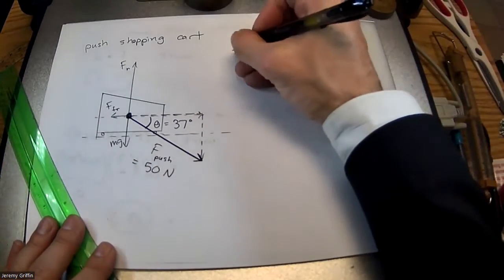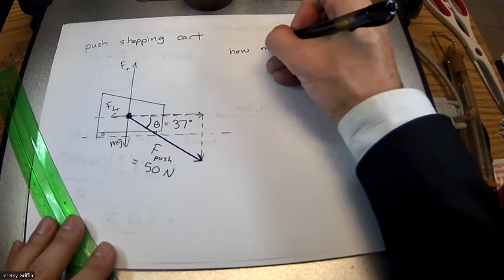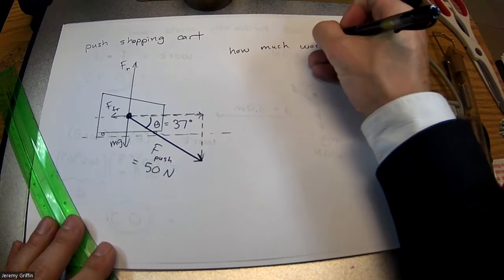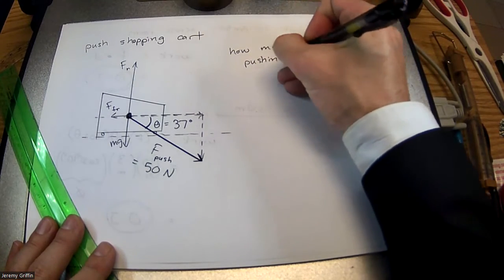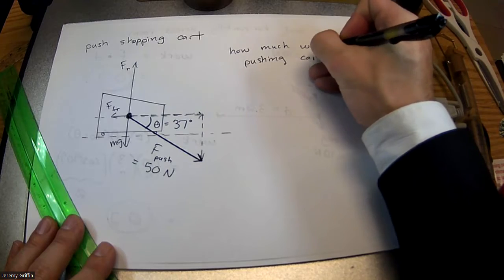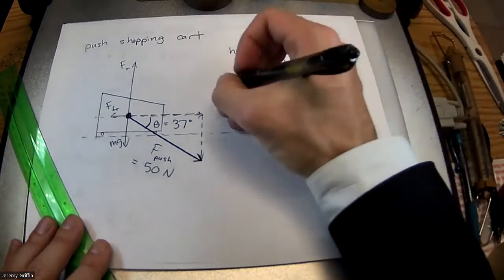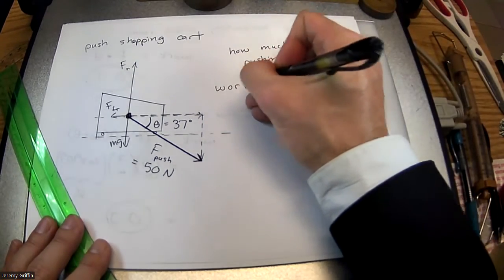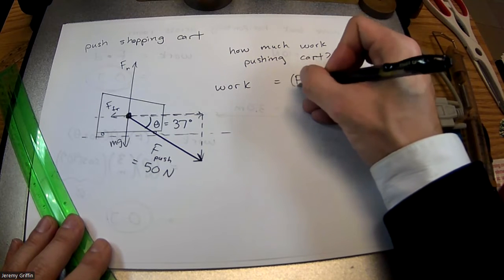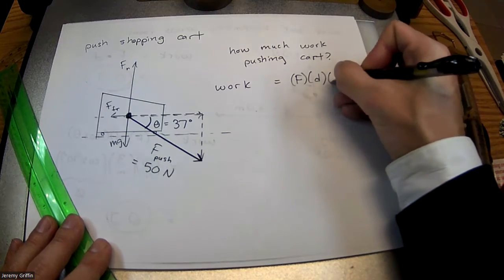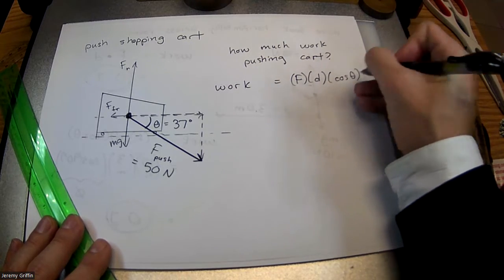So if I ask the question, how much work was done pushing the cart? Well, let's break out the formula. Work is equal to force dot distance, which is force times distance times the cosine of the angle between them.